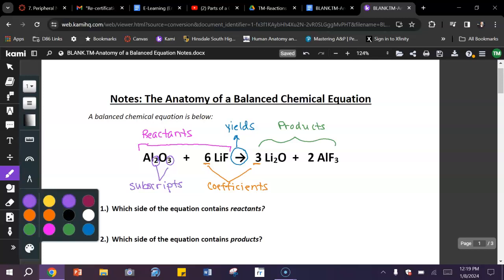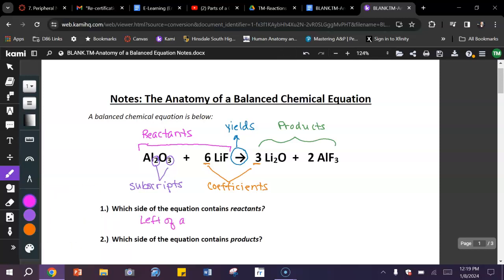So the reactants are found on the left side of our arrow, or you could say they are before the arrow. These are the compounds you start with, kind of like the ingredients in a recipe.